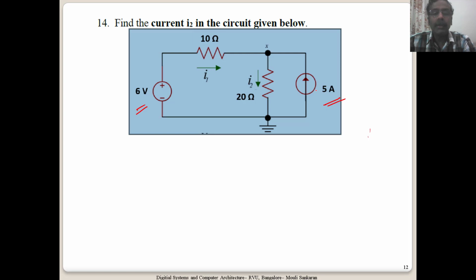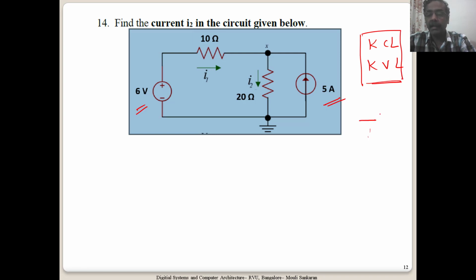Now, how will you look into this circuit? You have to remember KCL and KVL, which is the first module taught in this course. What is KCL? I already explained it in the part A discussion. The sum of all the currents coming into a node is equal to the sum of currents going out of the node. That is KCL.